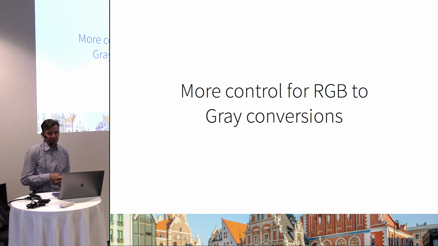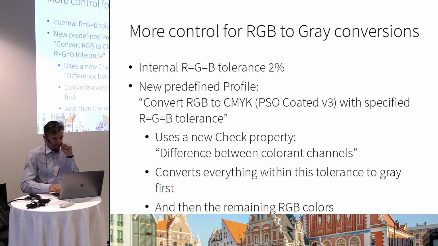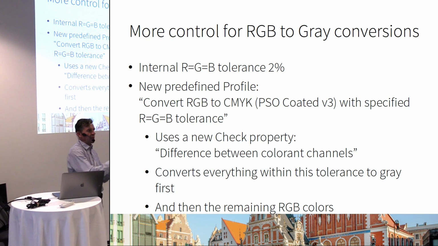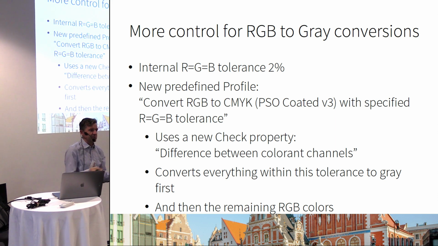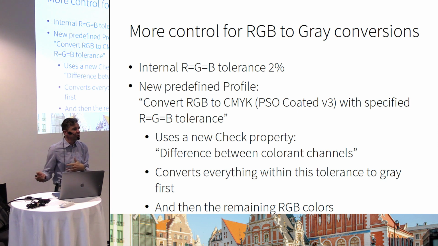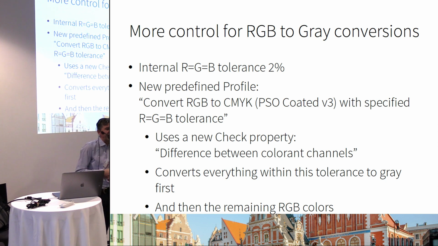So now RGB to gray. When you have a vector graphics that is using RGB color and you want to convert it to CMYK, and this vector graphics happens to use something that is gray or black, then in RGB there is no real indication, because in RGB, red, green, blue, you can't have black or gray.